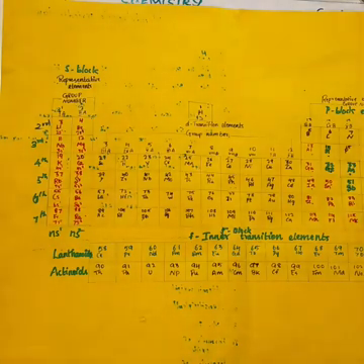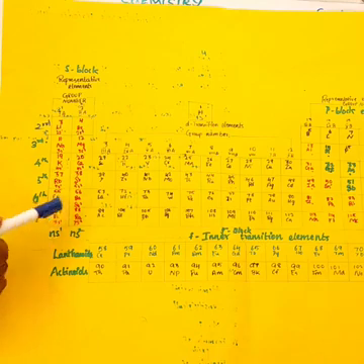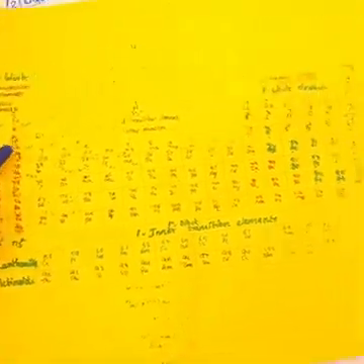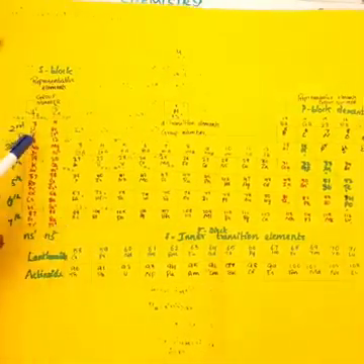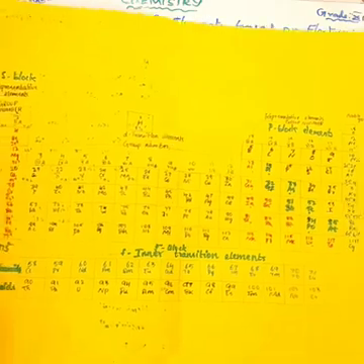So each period starts with the general electronic configuration ns1 and ends with ns2 np6. This is the outer electronic configuration for the last elements in the periods.